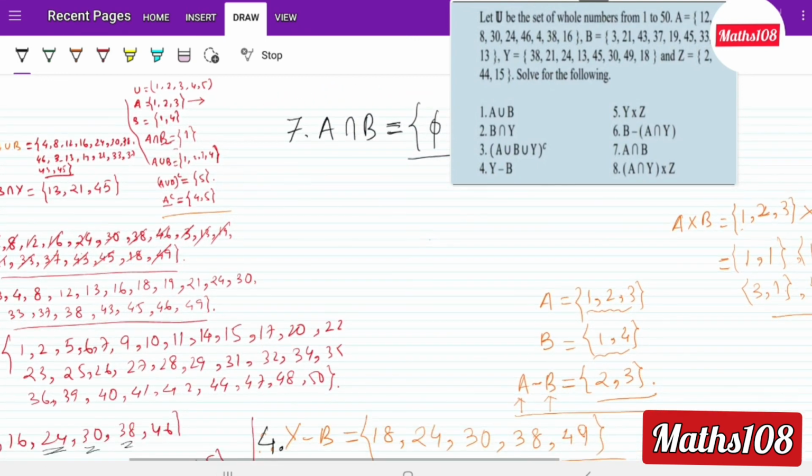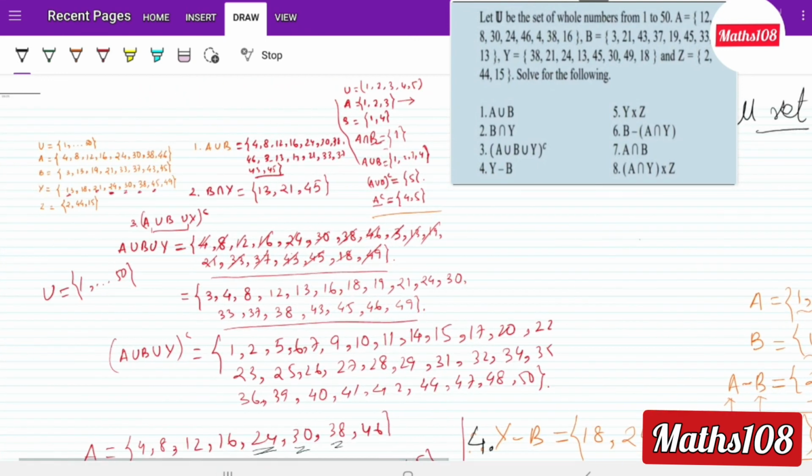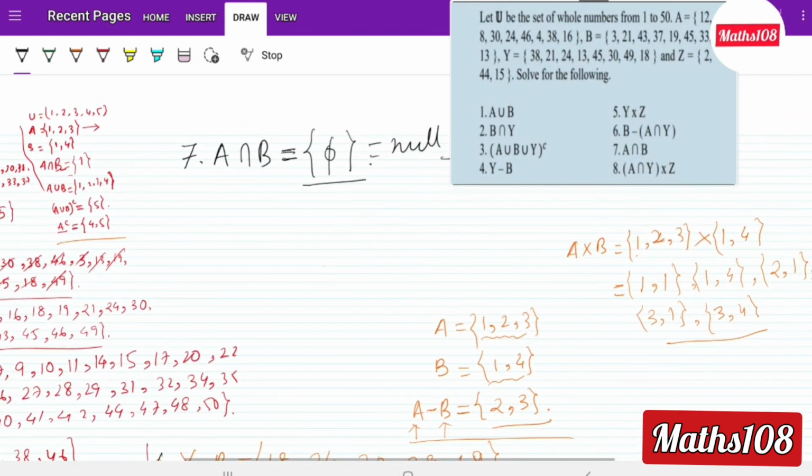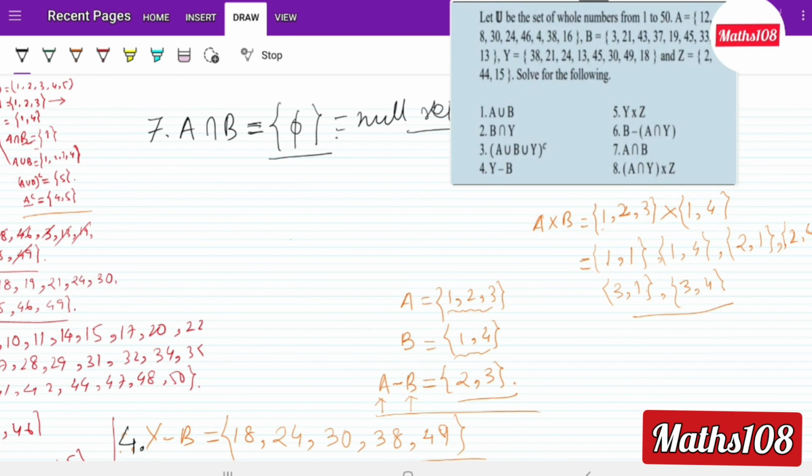Intersection is the common elements between A and B, but we found that there is no common element between A and B, so we need to write the null set. Null set means there is nothing in this set. There is no element in this set.